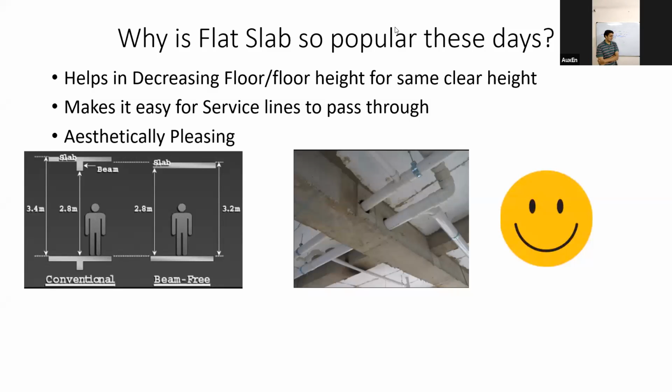Are you able to see this in the second picture? I hope all of you can see that service lines are passing through our beams, and we have made sleeves in the beams and we are taking them through.